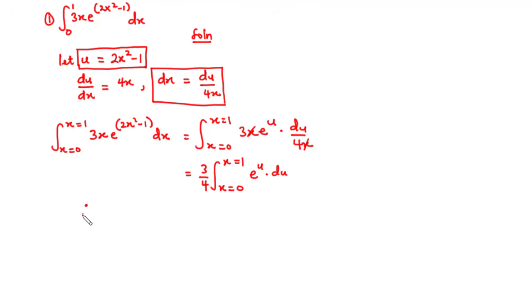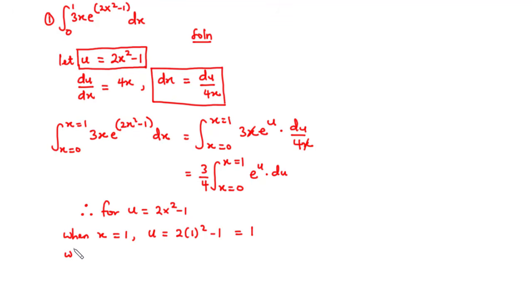So for u equal to 2x squared minus 1, when x is equal to 1, that is when considering the upper limit, we have u equals 2 times 1 squared minus 1. Now 2 times 1 squared is 2, minus 1 is 1.